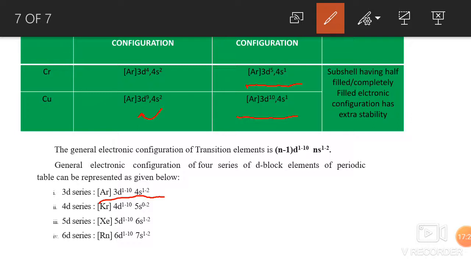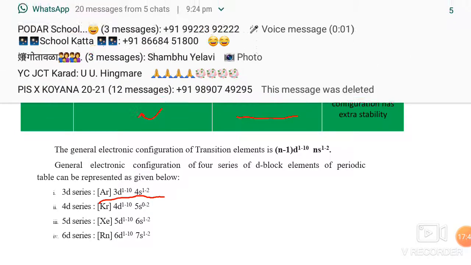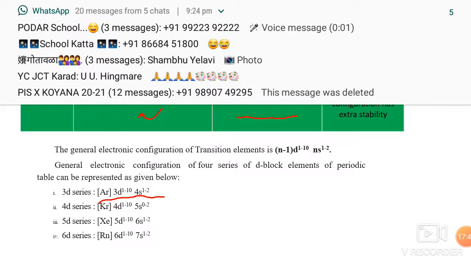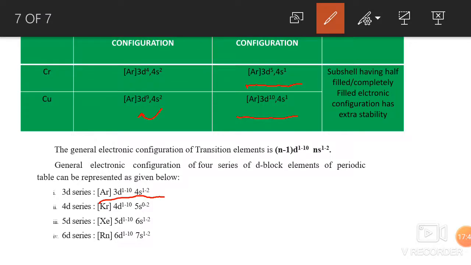Similar to that, the 4d series has the general electronic configuration krypton 4d 1 to 10, 5s 0 to 2. Here, in the 4d series, palladium possesses an empty 5s subshell.